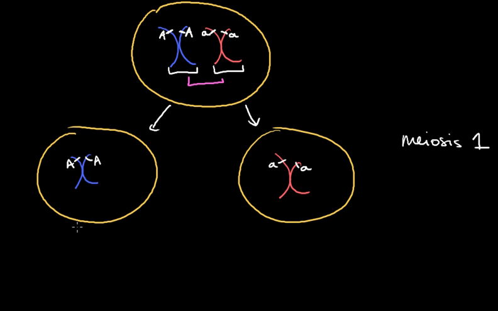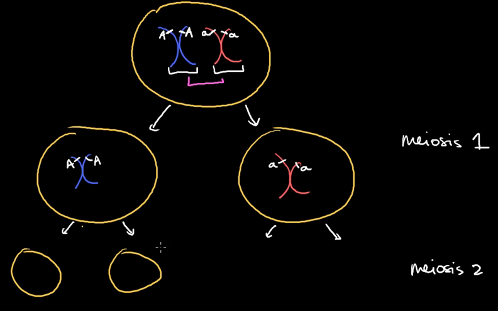But remember that sister chromatids are going to separate at the end of meiosis 2, and therefore we're going to have 4 cells that are each going to have one of these sister chromatids.